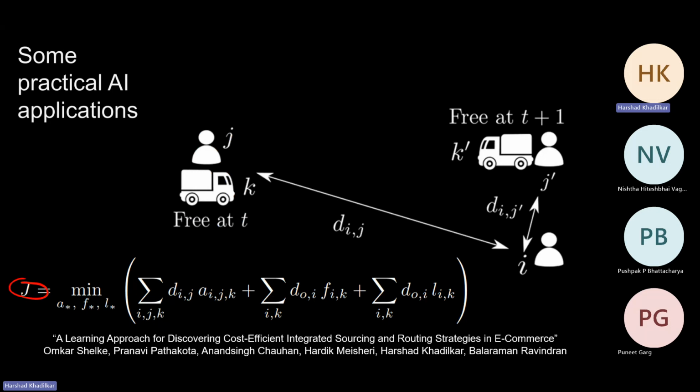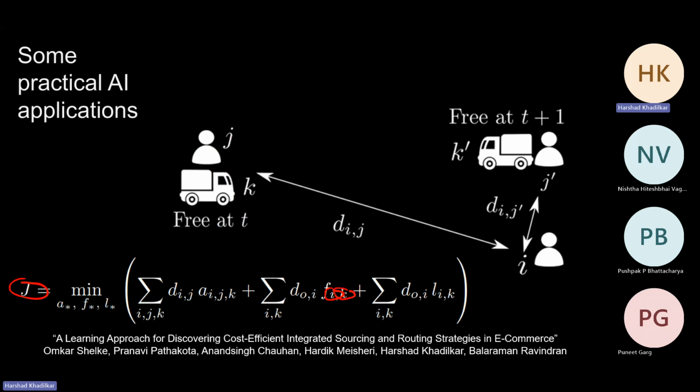So the distance traveled is an approximation of the fuel consumed. Maybe it doesn't really work for Mumbai, but for the sake of argument right now, assume that distance is proportional to fuel consumed. The distance traveled is given by these factors. The first is, where does vehicle I go at the initial time?